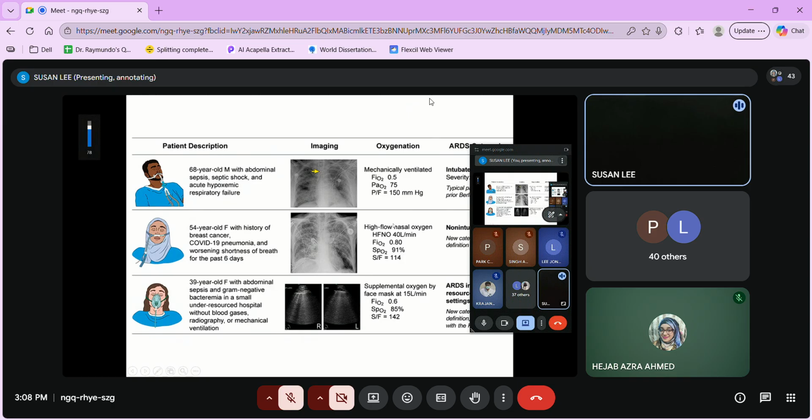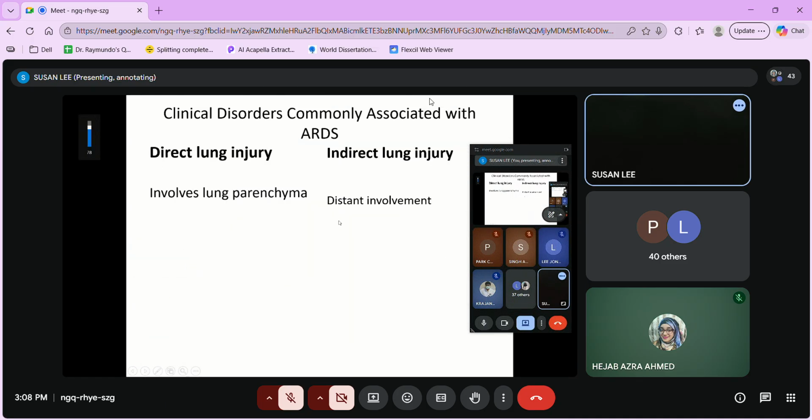But if your patient is not mechanically ventilated, then you can use your saturation to FiO2 ratio, and this would become 114. So this patient is now categorized as having ARDS.